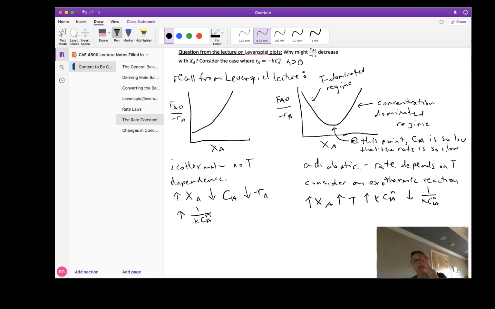And because the reaction is proceeding so slowly, the temperature is approximately constant. The rate isn't going fast enough to be giving off heat at any appreciable rate. Because of that, the temperature is only changing very minorly. In fact, it resembles a constant temperature reaction, and then we recover this concentration dependent, or concentration dominated, behavior.